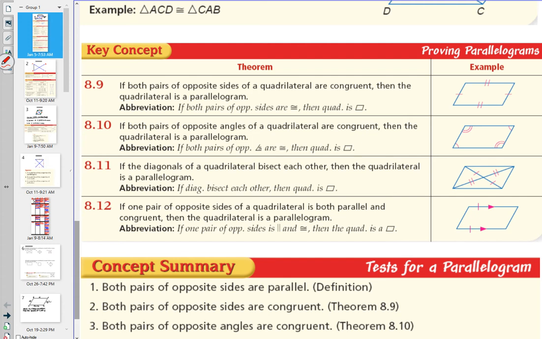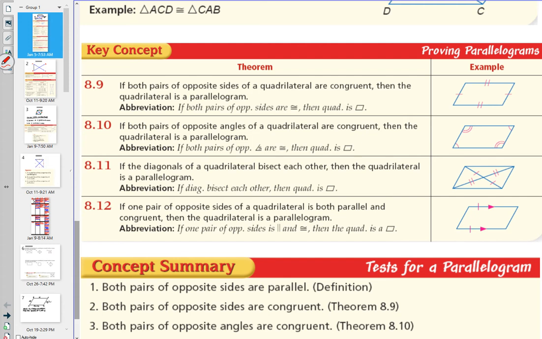And now this is the one that was missed the most on the quiz. There was one that pertained as like a true or false, and it was missed quite a bit. We know that both pairs of opposite sides are parallel. We know that both pairs of opposite sides are congruent.